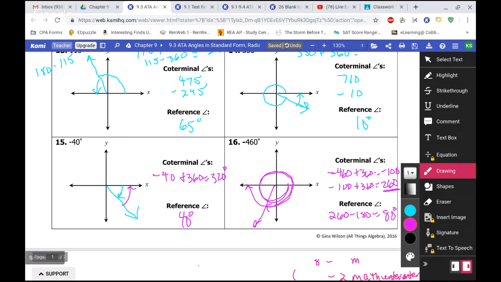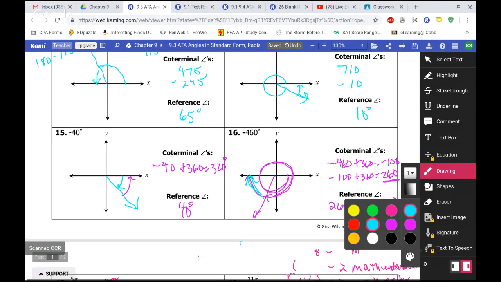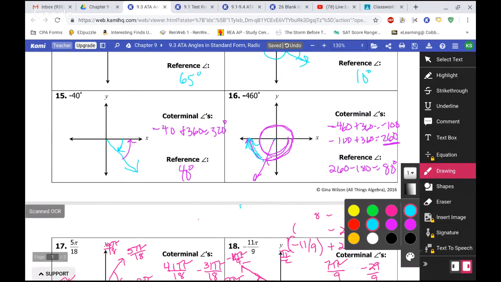That's going to be this angle right here, the reference angle. Is that always how it works? Yeah, that's kind of why the coterminals work, because you can take a look at it. It works, like 360 minus 180.